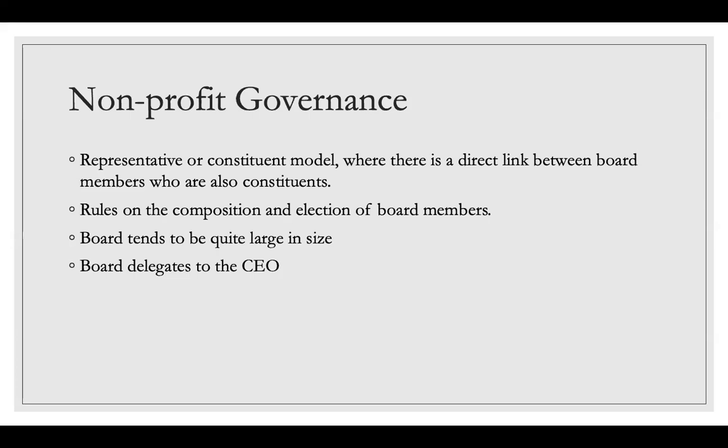And because of the size and the nature of the board, there's heavy delegation to the CEO by the board. Now, this concept of delegation: simply put, the board sets policy and the executive implements it.